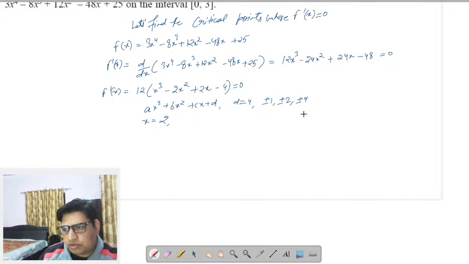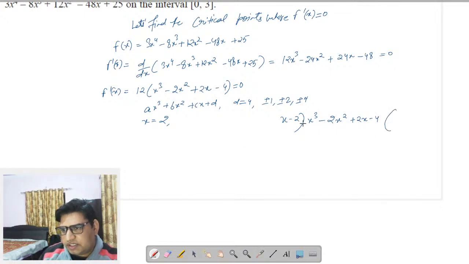And in order to find the other factors, we have to find all the factors of this cubic equation, which we can find by using the division method. So x minus 2 divides x cube minus 2x square plus 2x minus 4.